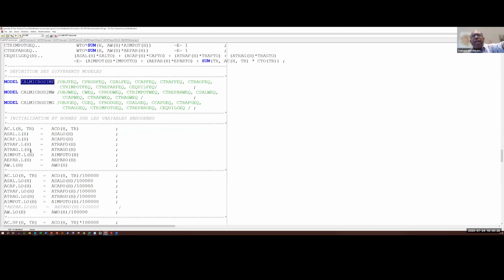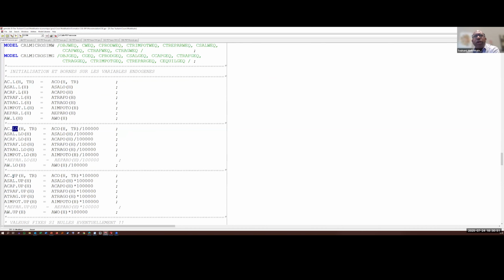And we give the initialization here, the value where we start our resolution. Here I give the lower value. When we put .L in GAMS, it is for level; this one is for lower, it is the variable, and here is a lower value.